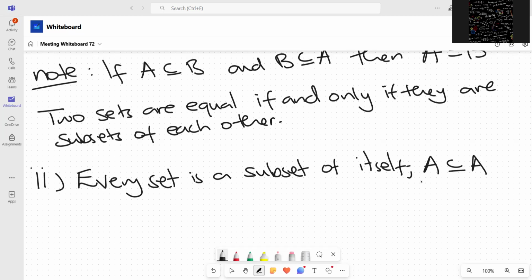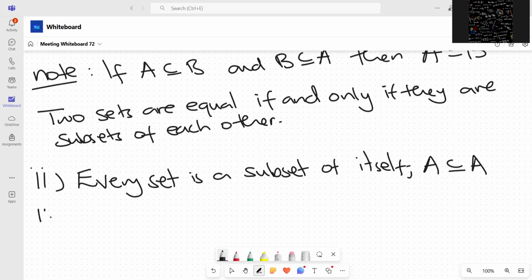A subset means if I pick an element here, it's there. And if I pick an element from A, then that element is in A. That means A is a subset of itself. You could think about it like divisible by, every number is divisible by itself. So in the same way, every set is a subset of itself, and that's why it is equal to itself.